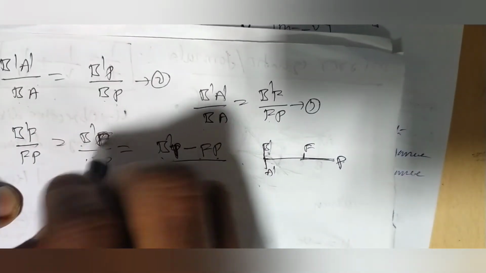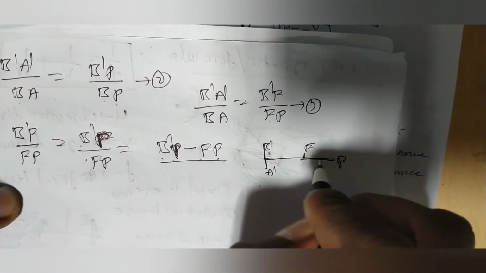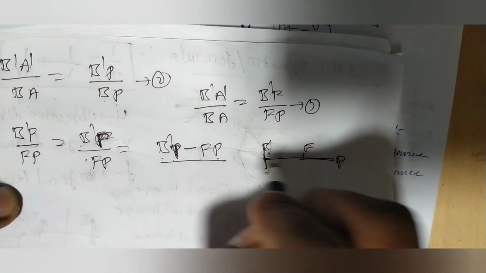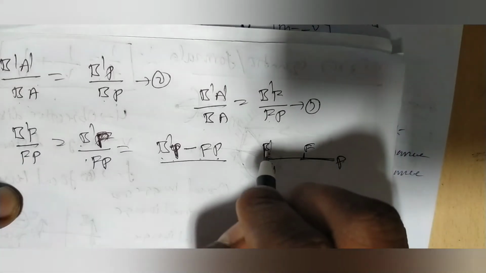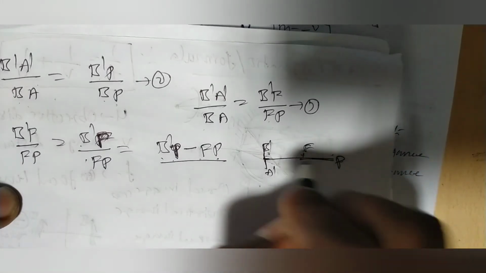Okay, b dash f is equal to b dash p minus fp.